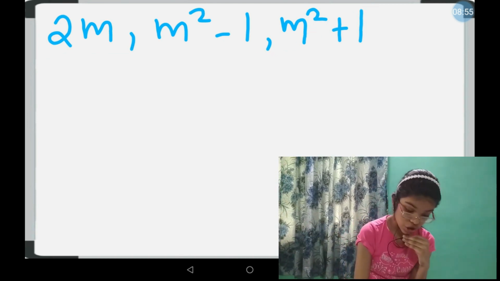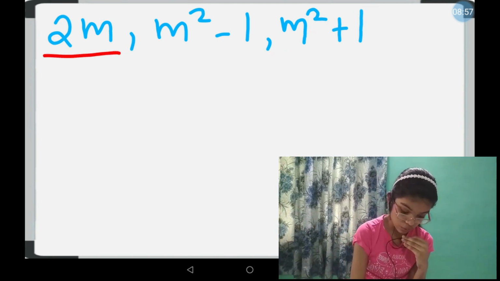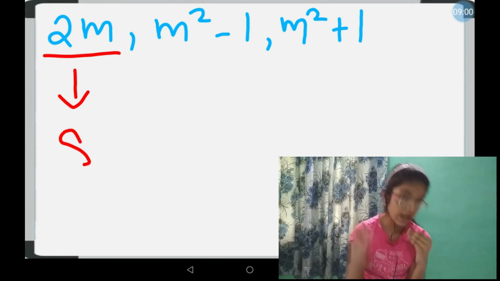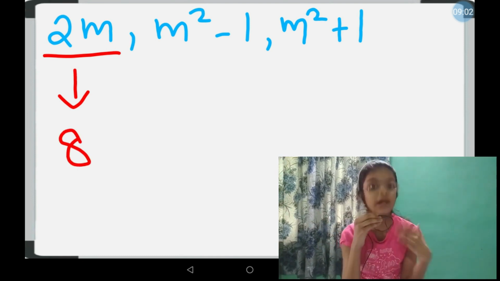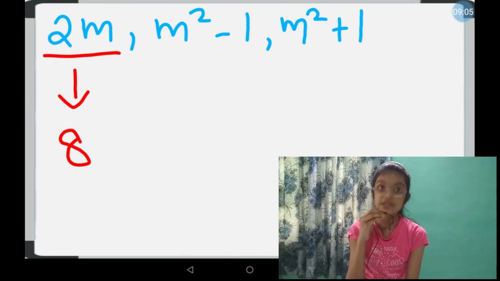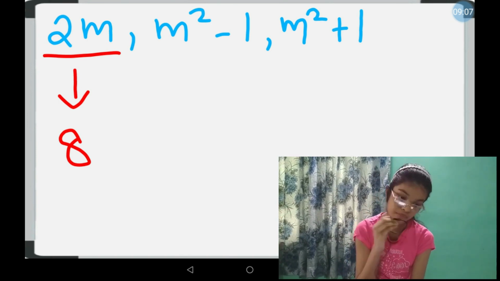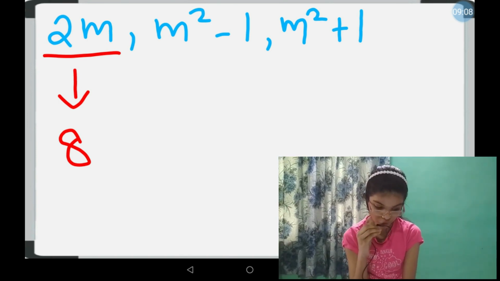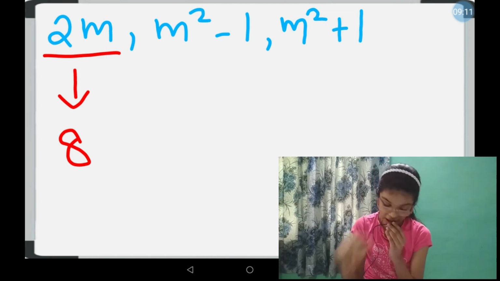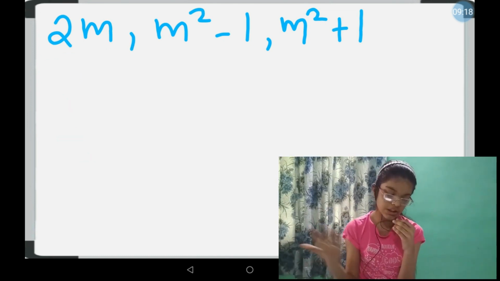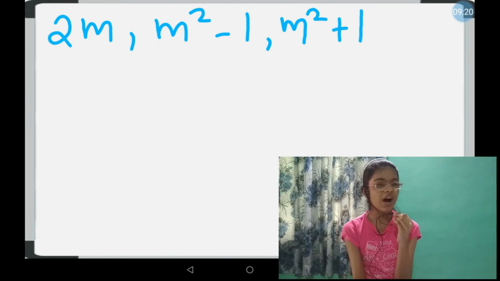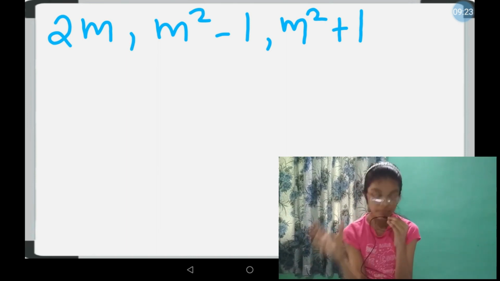So that means 2m is equal to 8. That was our sum, right? We have to write a Pythagorean triplet with the smallest member as 8. So we know what the smallest member is. That is 2m.